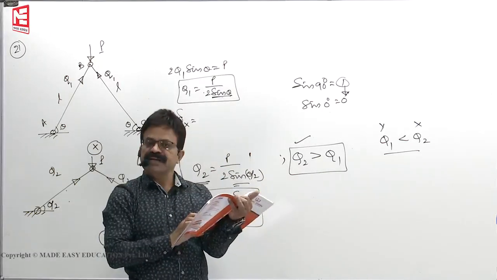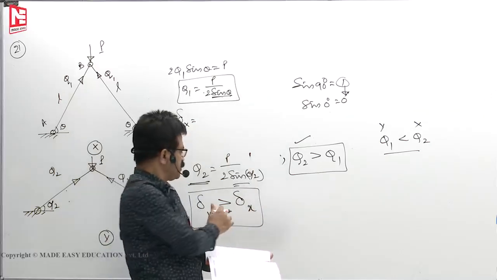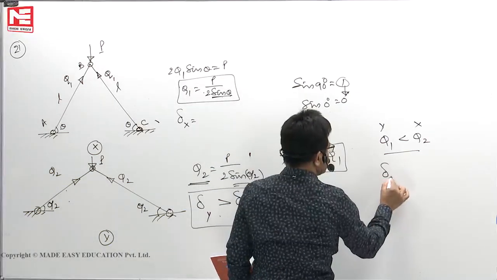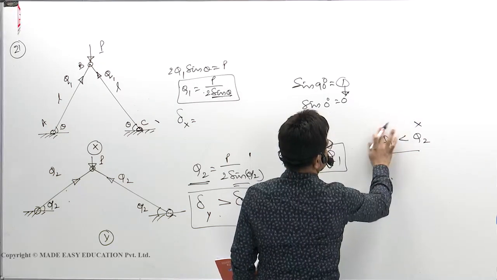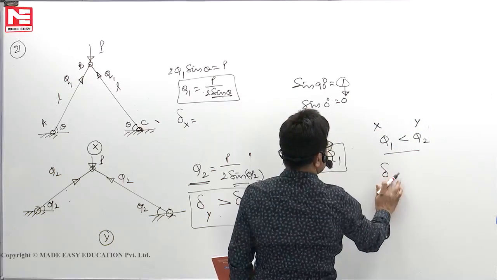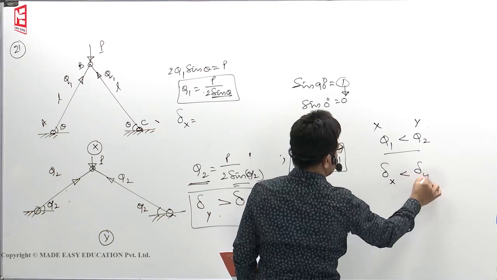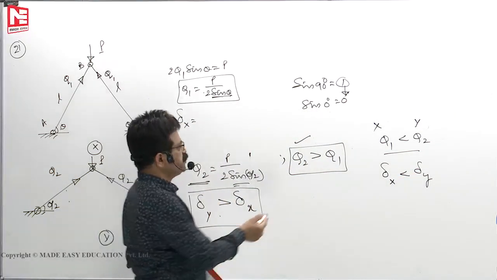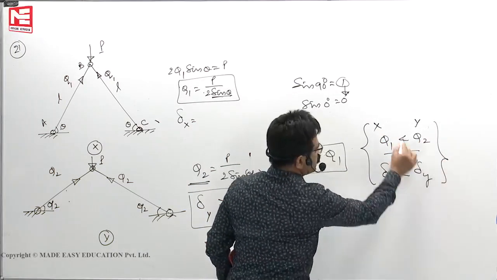So X will have less member force and more deflection. More deflection is wrong, because delta X is less than delta Y, or delta Y is greater than delta X, any which way we can write. This corresponds to the X system and the Y system.